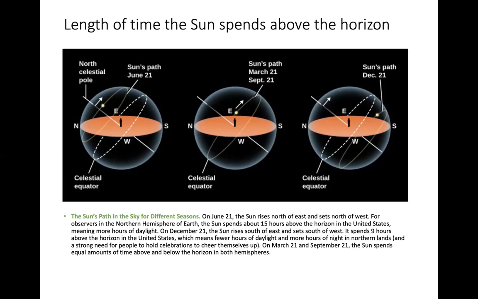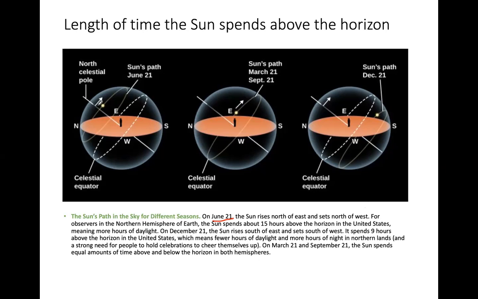Now, this diagram explains that on June 21st, right here, the sun rises north of east and sets north of west.